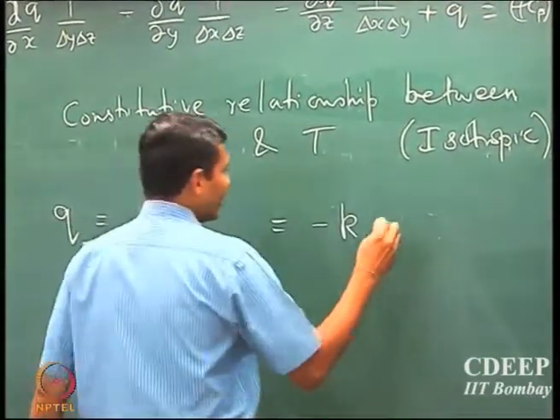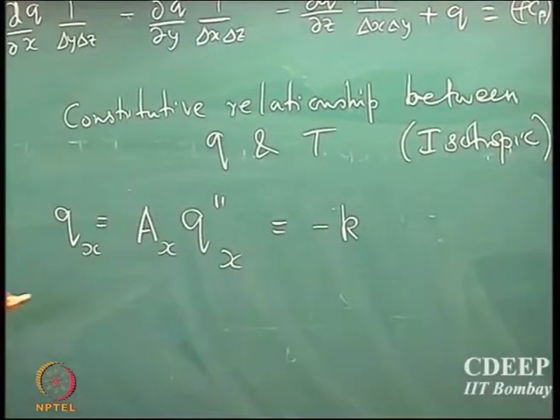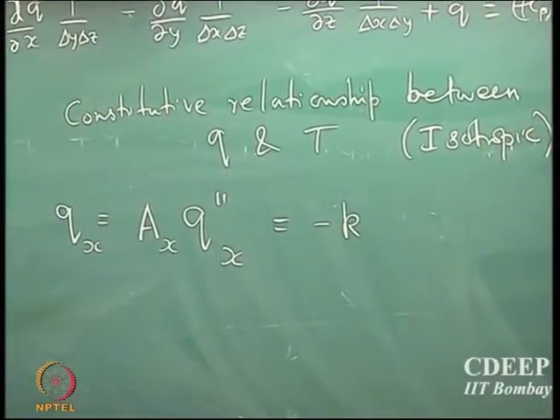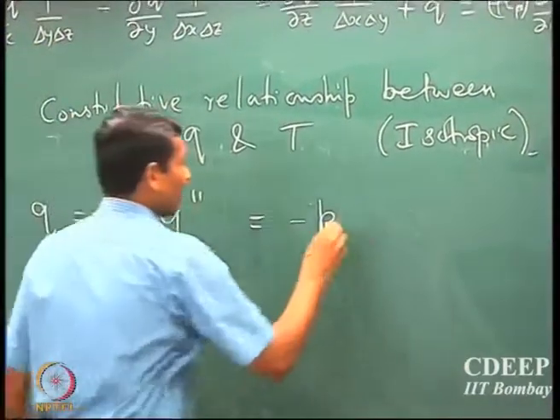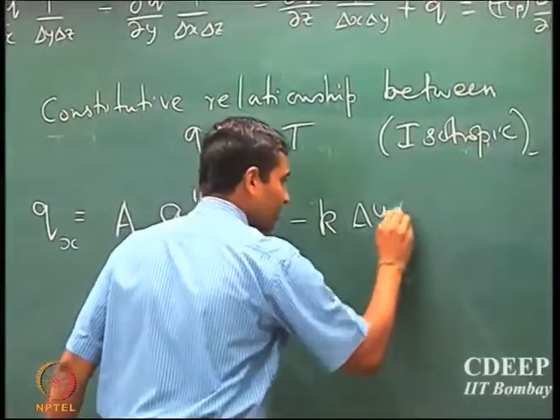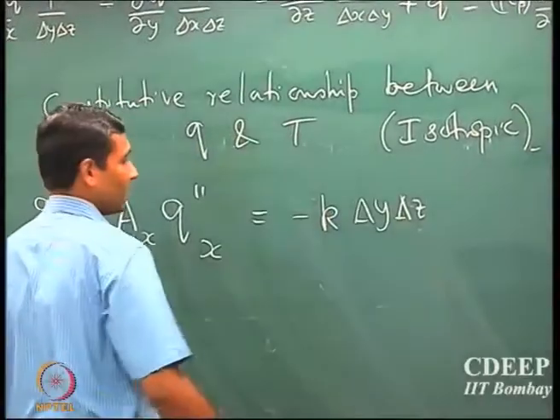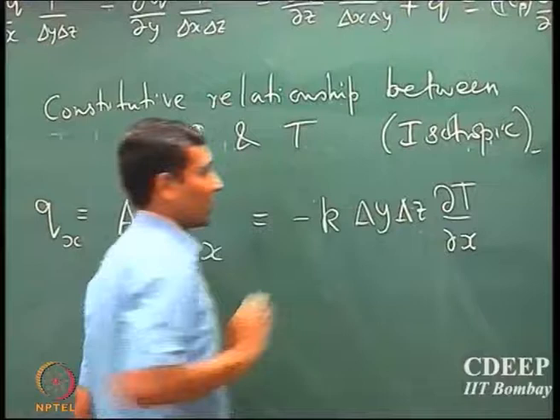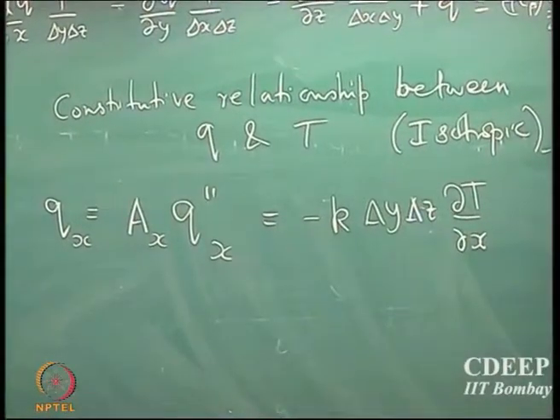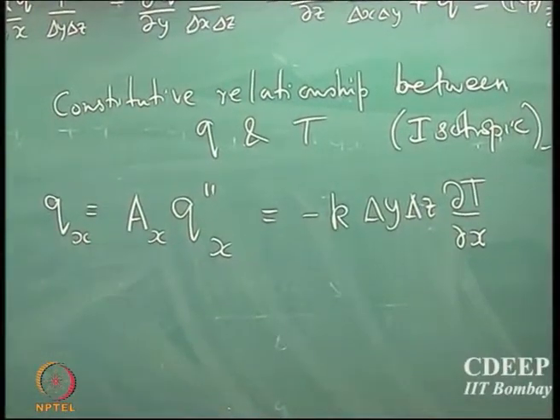So there will be k into, what's the area of heat transport in the x direction? Delta y delta z. So that's the coefficient that comes out in your energy balance, into dT by dx. So that's the representation of Fourier's law in the x direction.